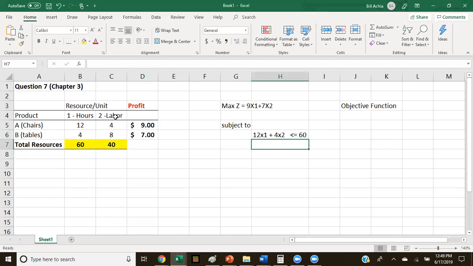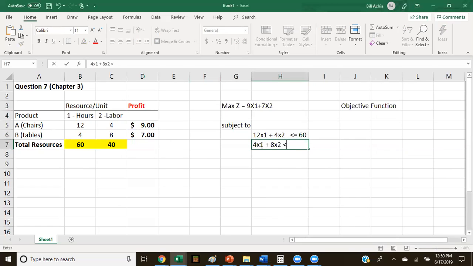We have a second constraint that I see here. The second constraint has to do with our labor. Okay, so it takes, sorry, 4 laborers to make a chair, multiplied by however many chairs, which is x1. We don't know what that is just yet. Plus 8 laborers multiplied by x2, the total number of tables made.